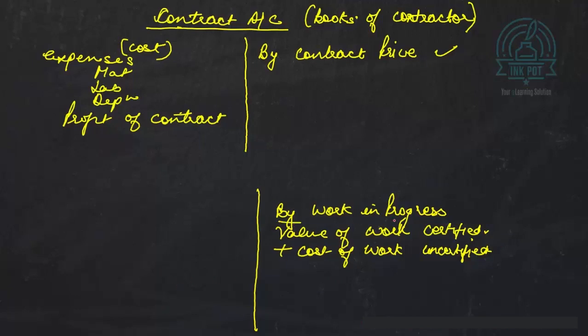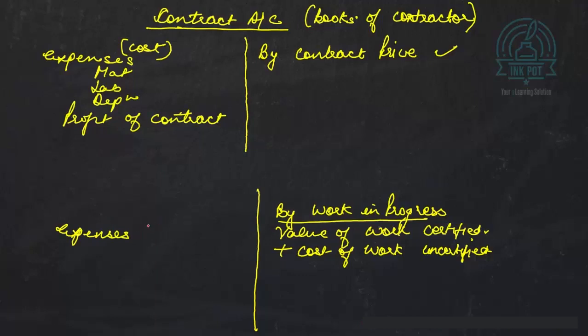Now, why we are showing the value of work certified and the cost of work uncertified, I'll tell you in just a moment. Now, we are going to debit all the expenses here. Expenses means all the costs which we have incurred.